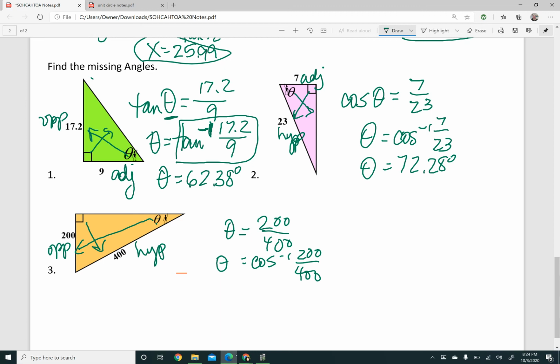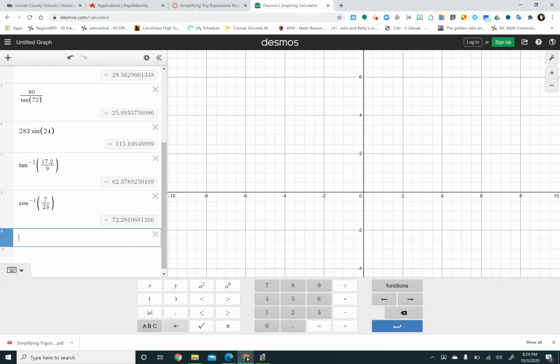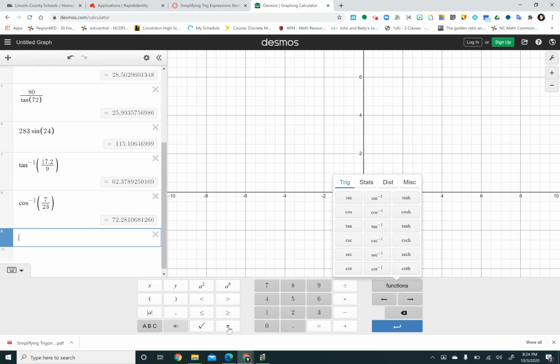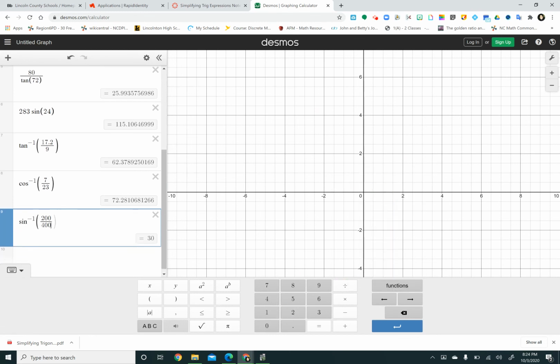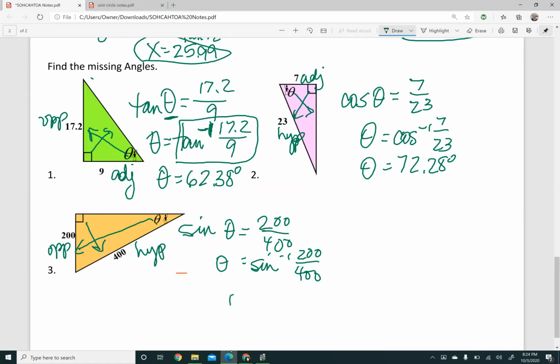That should be sine. Sorry. Just realized it. Sine, because it's opposite over hypotenuse. Sorry about that. So inverse sine of 200 divided by 400. And so then you get 30 degrees. So theta is 30 degrees.